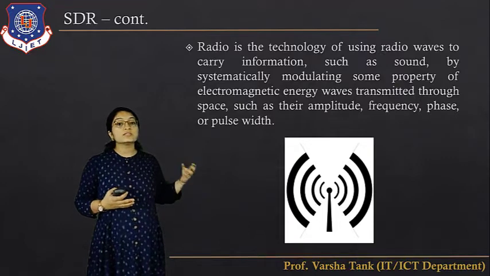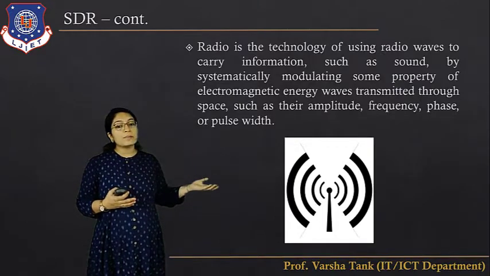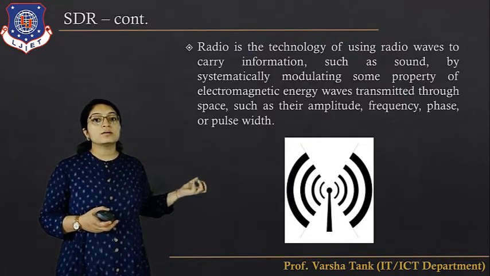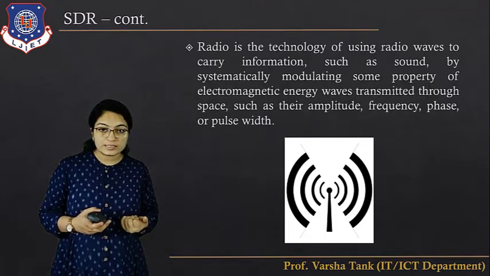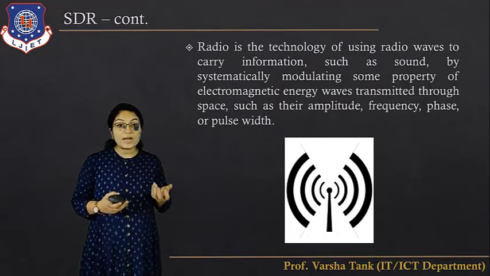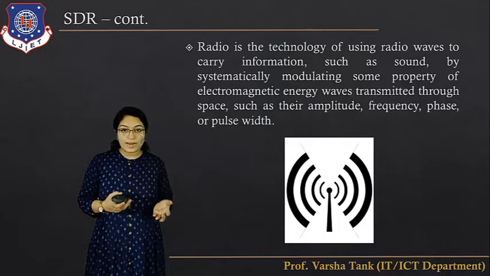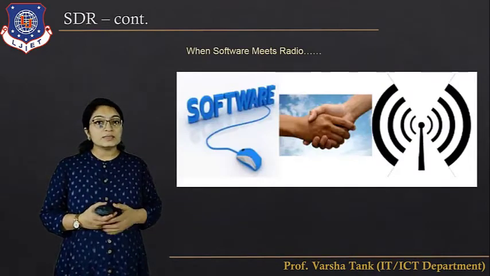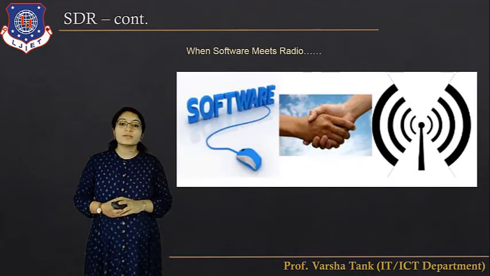So radio is used for carrying information. For example, you are listening to radio channels on your radio stations. They are carrying the information to you and you are listening to those radio signals. When software meets radio, that becomes a software defined radio.